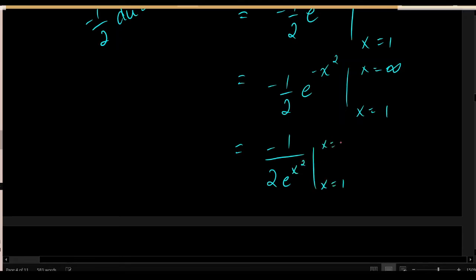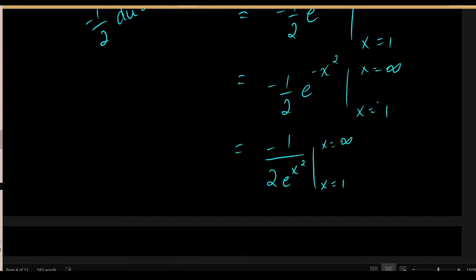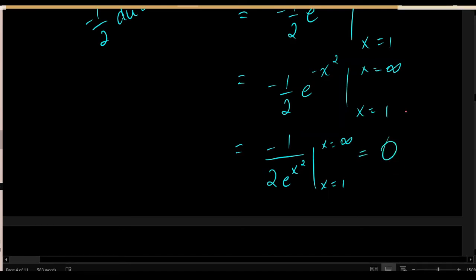Because in my opinion, it's now easier to see that as x goes to infinity and x squared gets really large, e to the x squared gets really large, which means that negative 1 over 2 e to the x squared starts to get really, really small. In other words, if I quote-unquote plug in x equals infinity, the result of that is going to be 0.